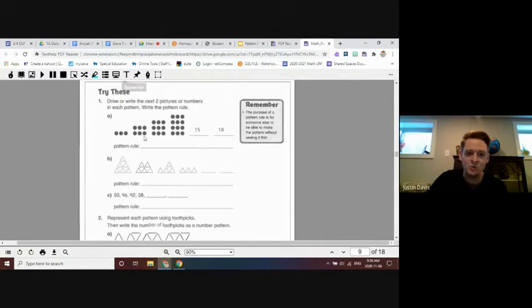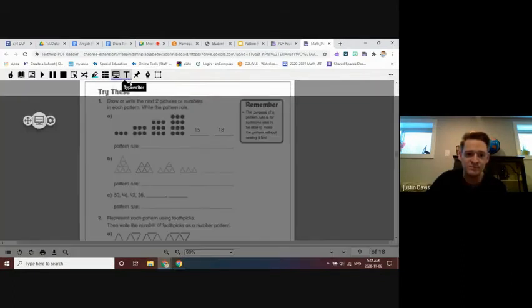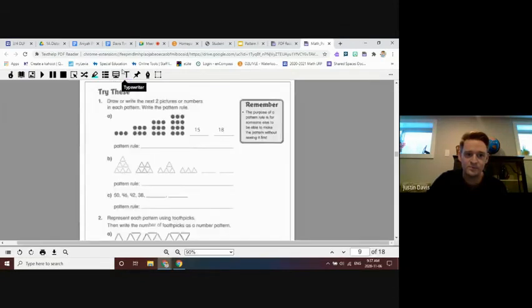And then my pattern rule is going to have those 2 parts. So I want to talk about where I started. So I started with 3, start at 3, and add 3. I could even say dots each time.